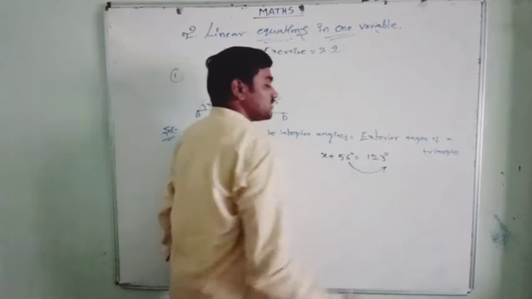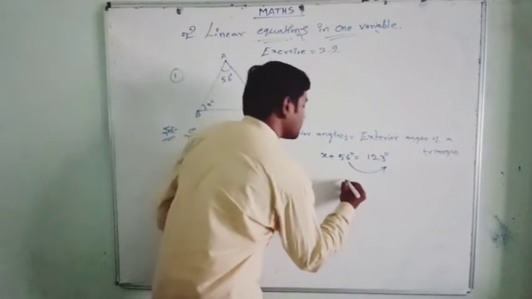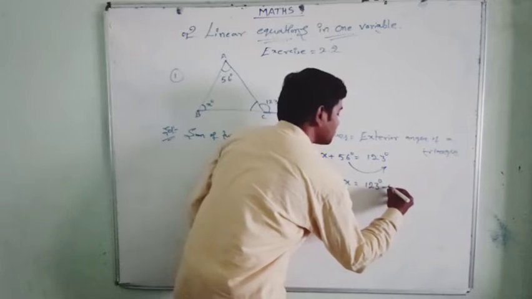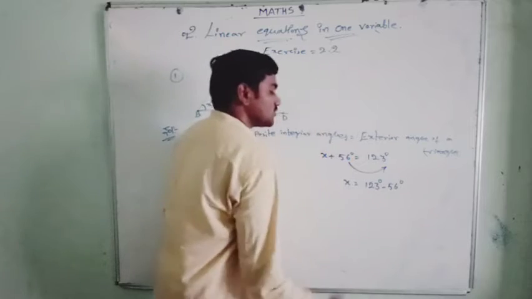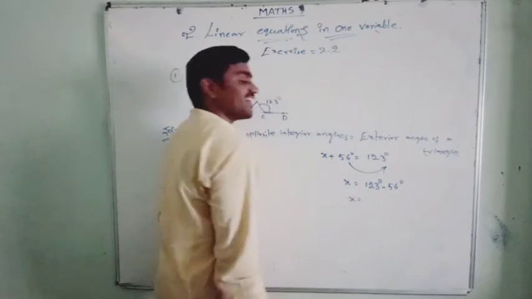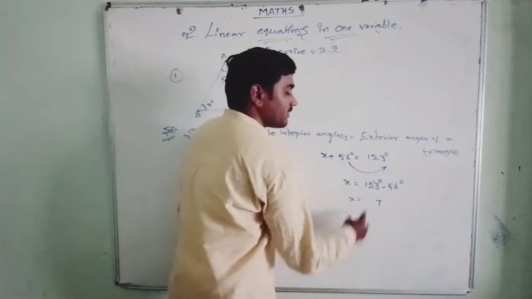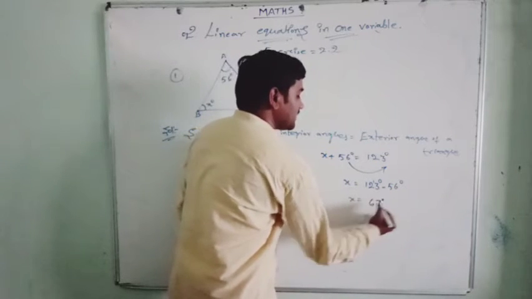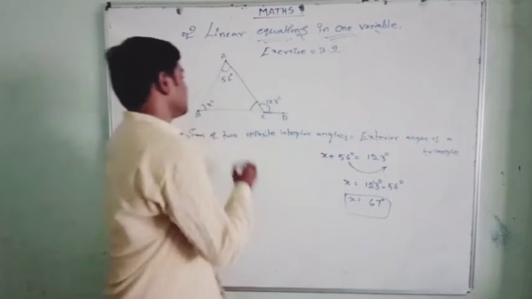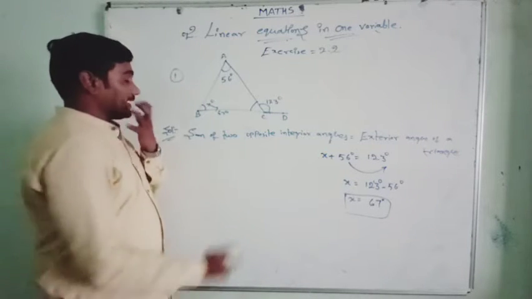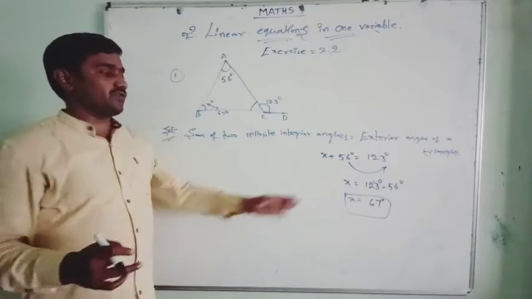Let's transfer this plus 56 degrees to the RHS, that becomes minus 56 degrees. 123 degrees minus 56 degrees. We need to subtract so that we get the x value here. 13 minus 6 is 7, 11 minus 5 is 6, that is 67 degrees. So x equals 67 degrees. They did not ask you to find C, so we don't find it.